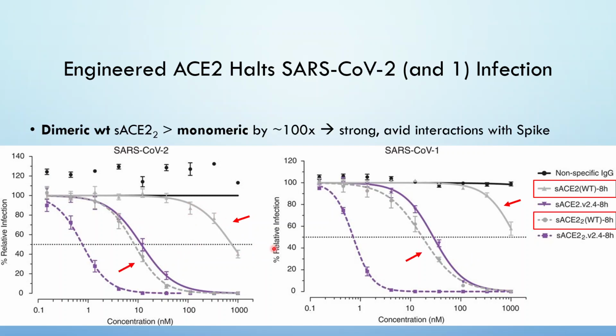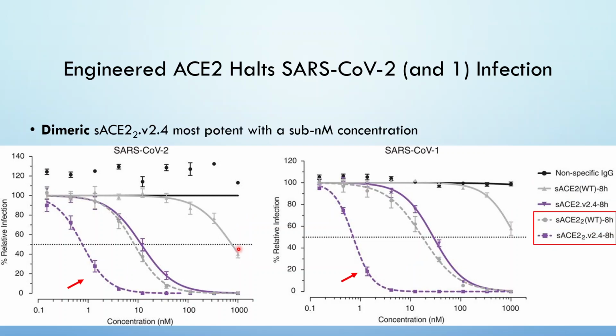However, the dimeric wild type ACE2, shown in dotted gray, performs much better than wild type, which actually, as expected, is because of avidity. Meanwhile, the dimeric engineered ACE2 performs the best, and it starts having an effect even below 1 nanomolar, and this is very promising for treatment.